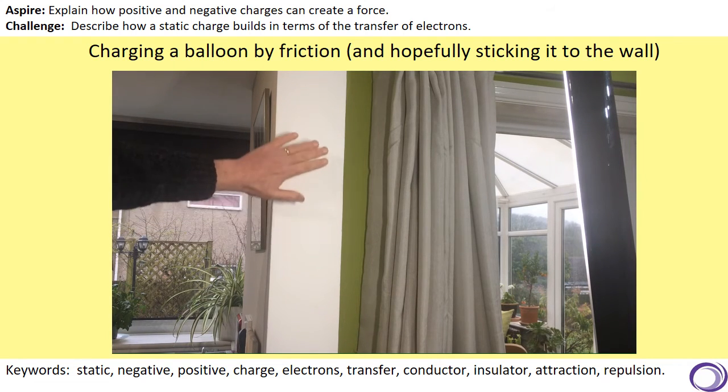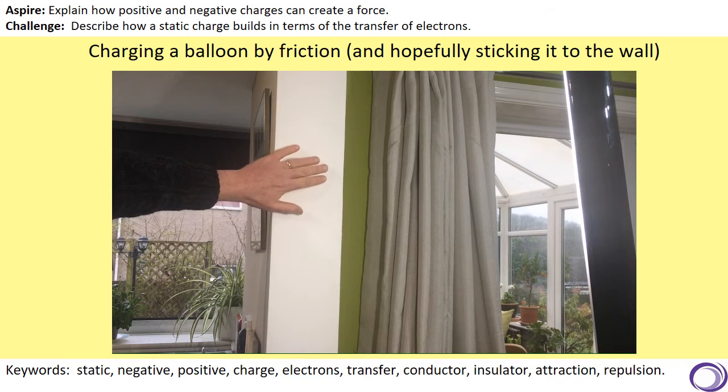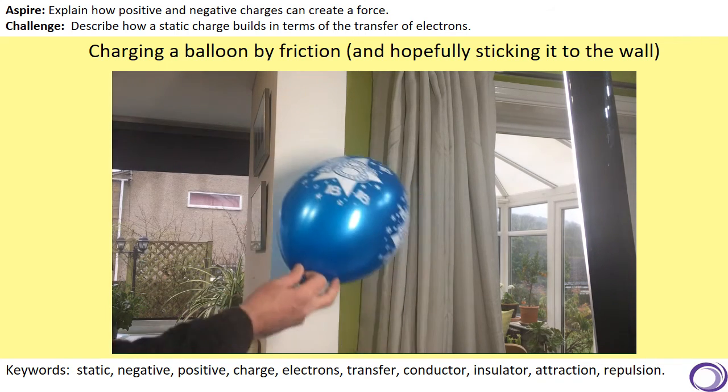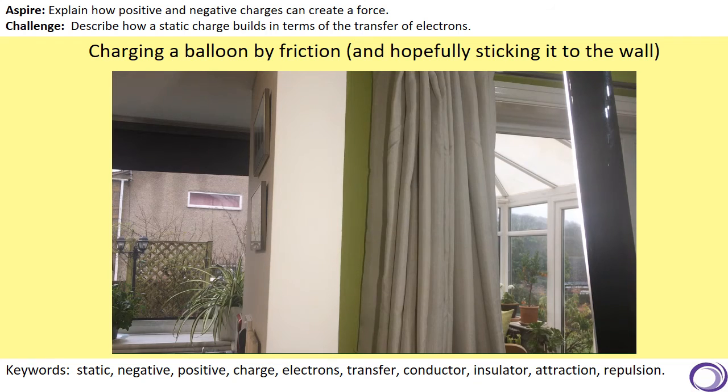Not far, but just enough into the wall that the surface gets a temporary positive charge, so then we get attraction. That's called induced charge, forced charge. So the wall just has that surface positive charge just while you put the balloon there.